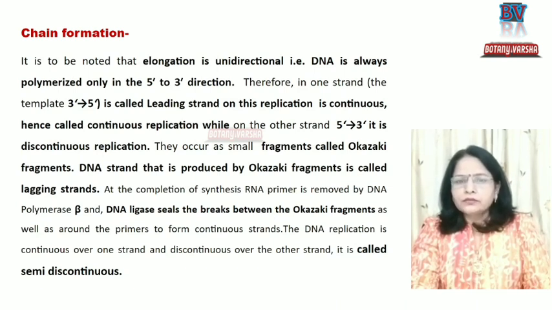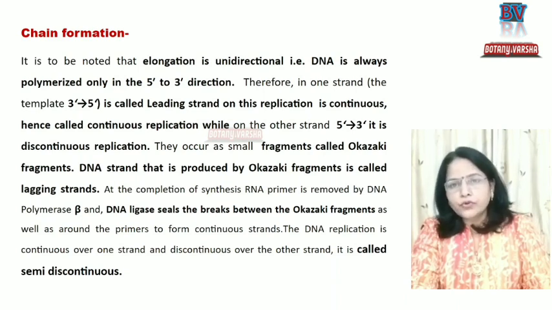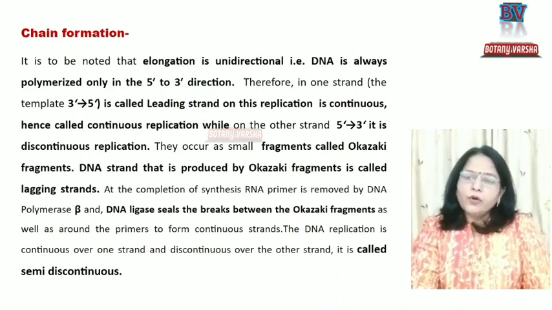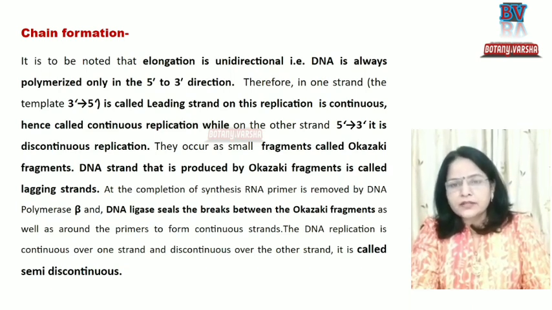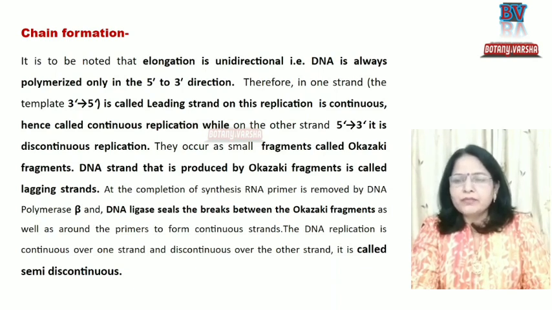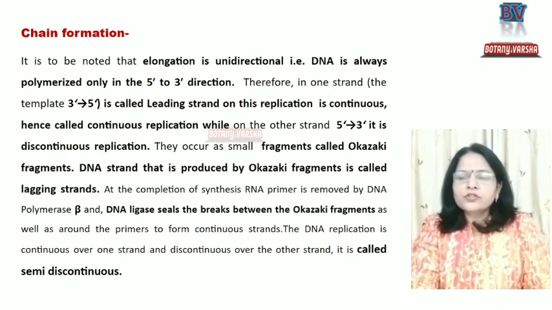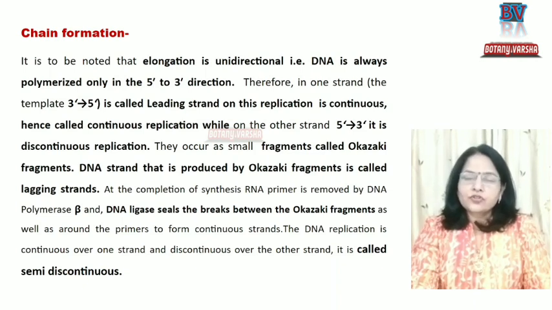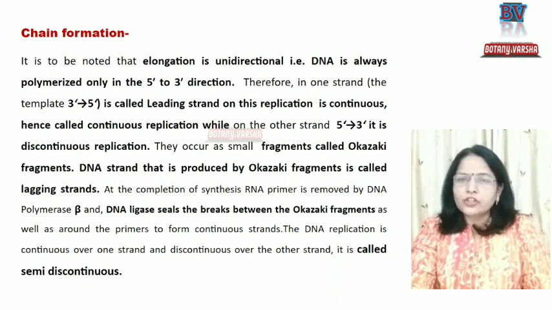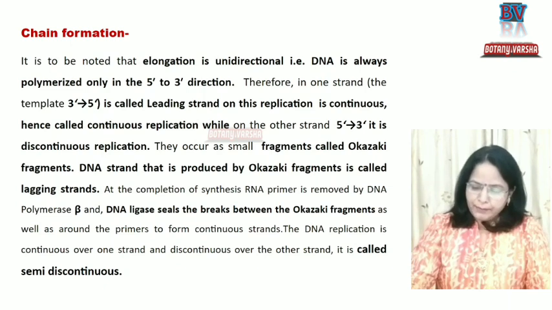And now at the completion of the synthesis, the RNA primer is removed by DNA polymerase beta, and DNA ligase seals the breaks between the Okazaki fragments as well as around the primers to form continuous strands. DNA replication is continuous over one strand and discontinuous over the other strand. It is called semi-discontinuous DNA replication.